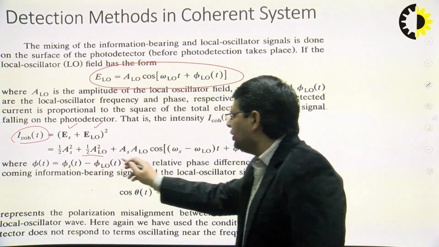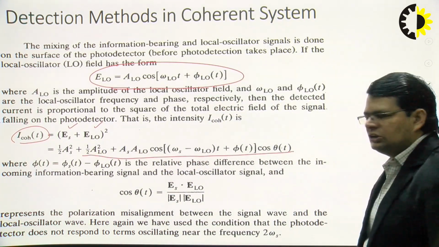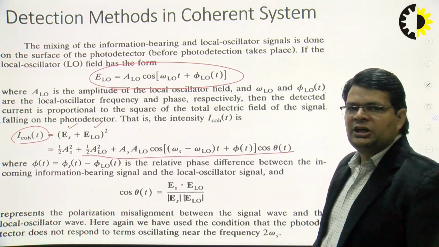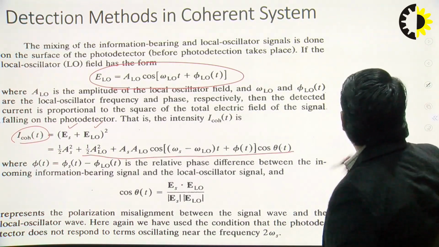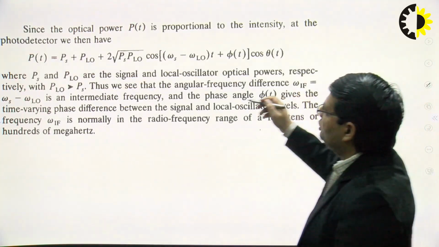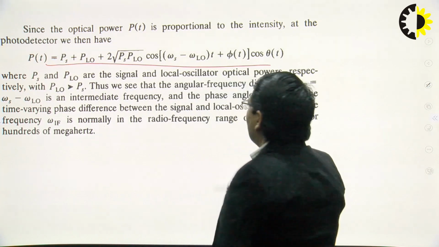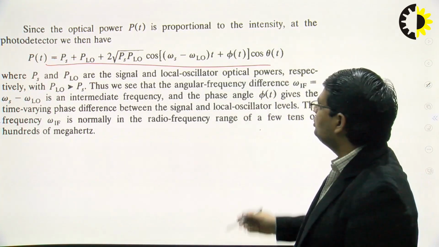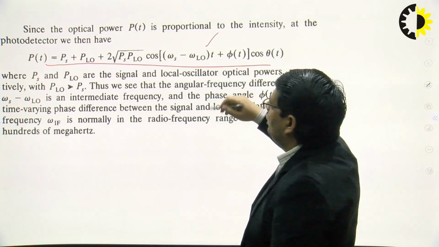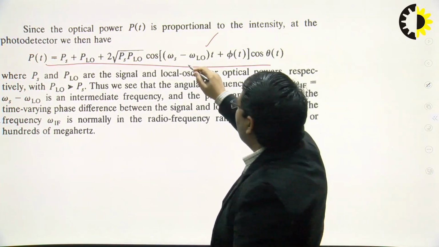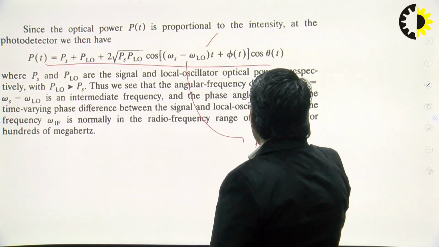This is the corresponding intensity of the mixed signal, which is incident over the photodiode. This is the corresponding power, because we know that the power is directly proportional to the intensity. So this is the power signal. Now over this we can apply the concept of homodyne and heterodyne.